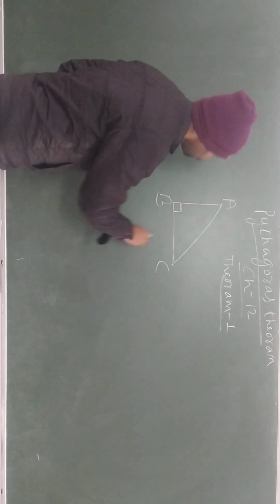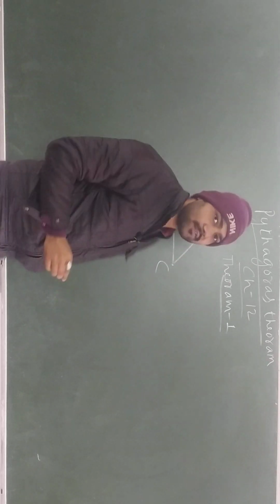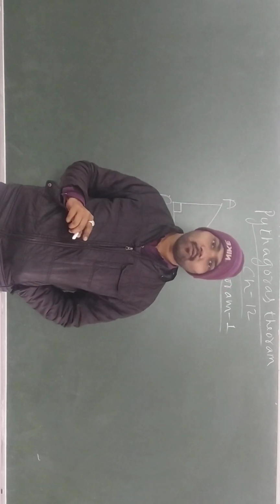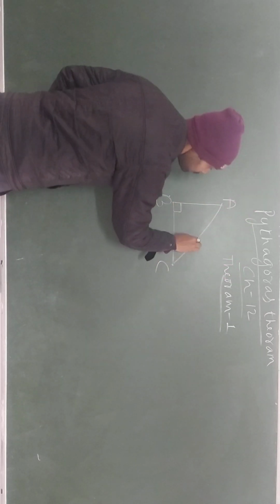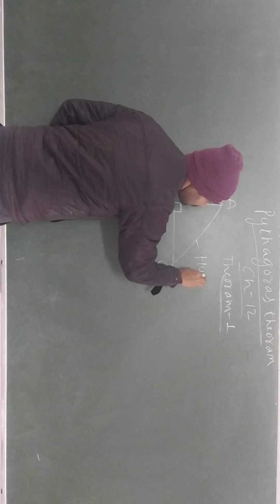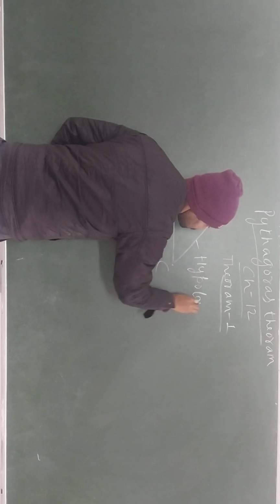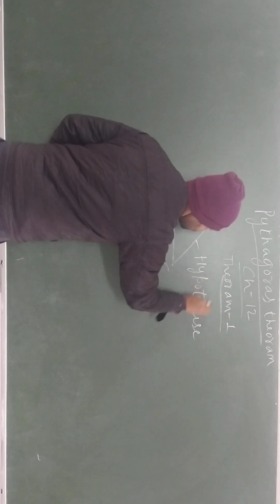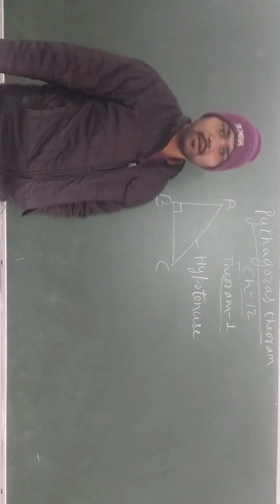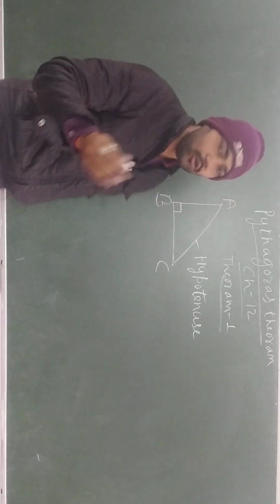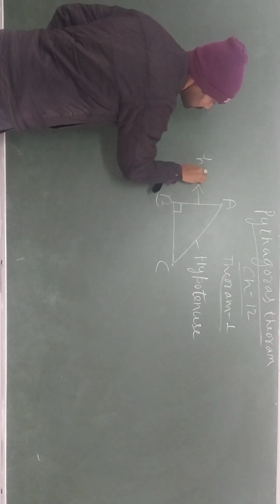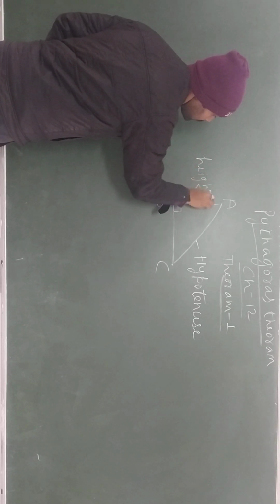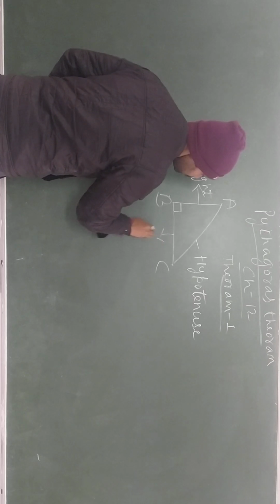In this Pythagoras theorem, AC will be the biggest side, the largest side. Why? Because it is the hypotenuse, so it is the largest side. We all know about this. Now this will be the height, or you can say perpendicular, and this will be the base.